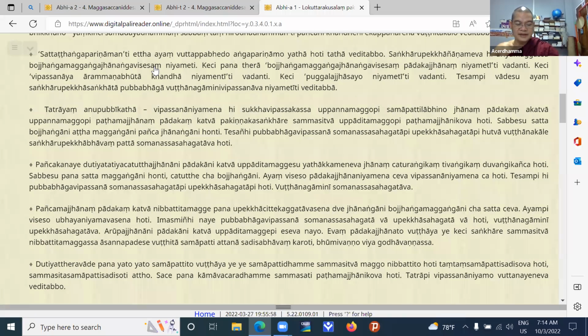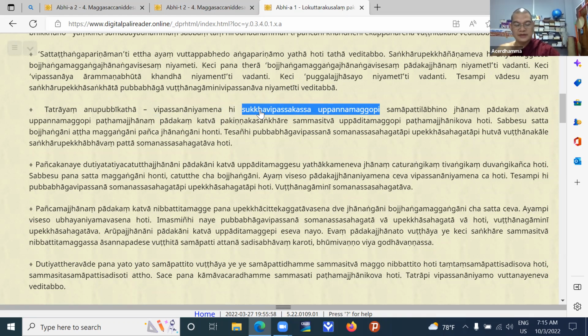Vipassana niyama, determined by Vipassana. Sukha Vipassakasa Upana Magopi. Sukha Vipassaka is the person who attained the magga without mixing with the jhana.